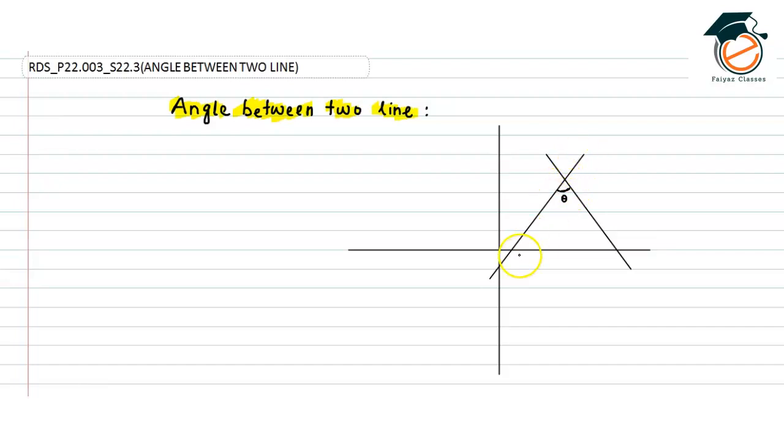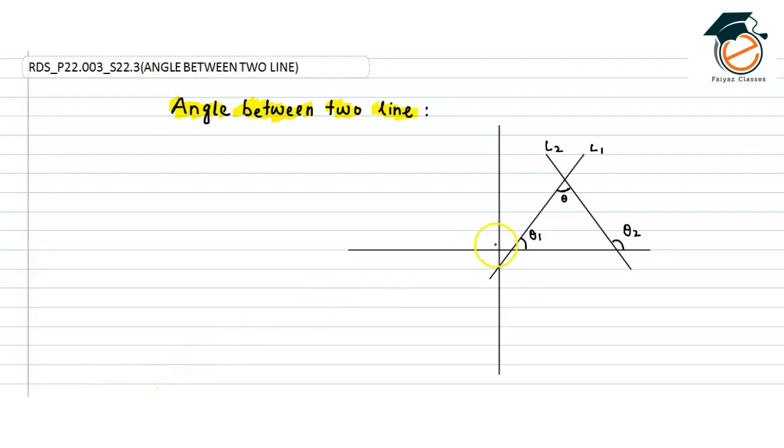Suppose this is line 1 and this is line 2. Line 1 makes an angle theta 1 with the positive direction of the x-axis, and line 2 makes an angle theta 2 with the positive direction of the x-axis.